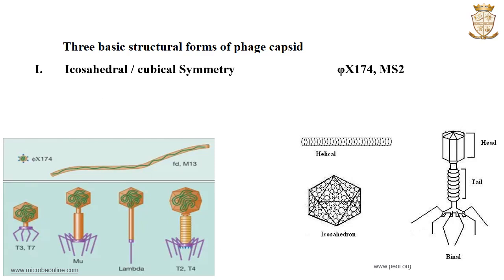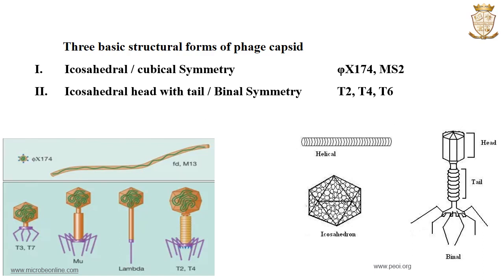Examples of phages having icosahedral or cubical symmetry are φX174, MS2, etc. Phages T2, T4, T6, which are coliphages, are examples of phages having an icosahedral head with a tail, or binal symmetry. Filamentous phages have helical symmetry, and examples are M13 and fd.